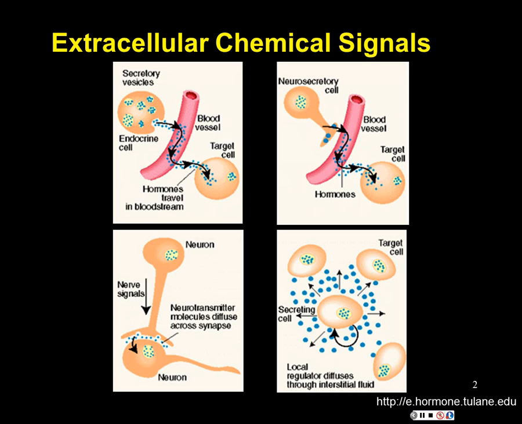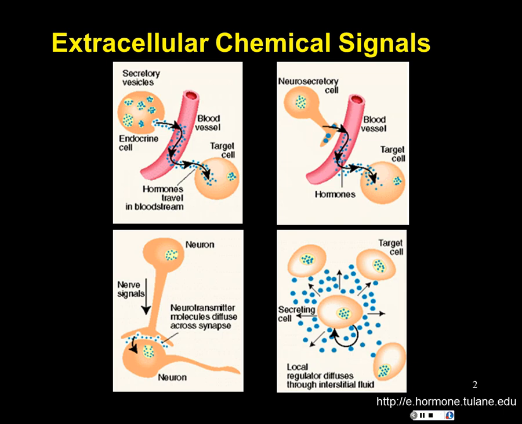It's targeting itself. Some cells have the ability to release an extracellular messenger and still express the receptors. In that case, it's actually targeting itself. What's the prefix for self? Auto.